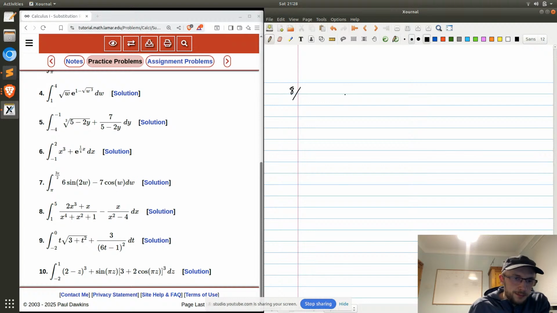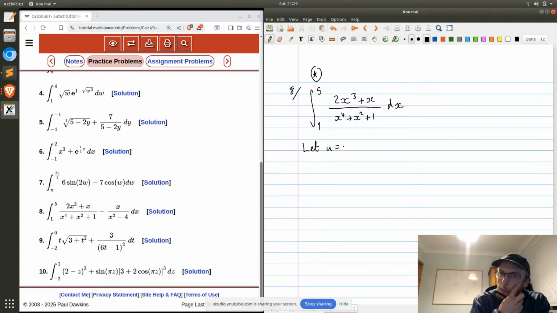Problem 8. Okay, so I'll split it. This rational function here. Like that.